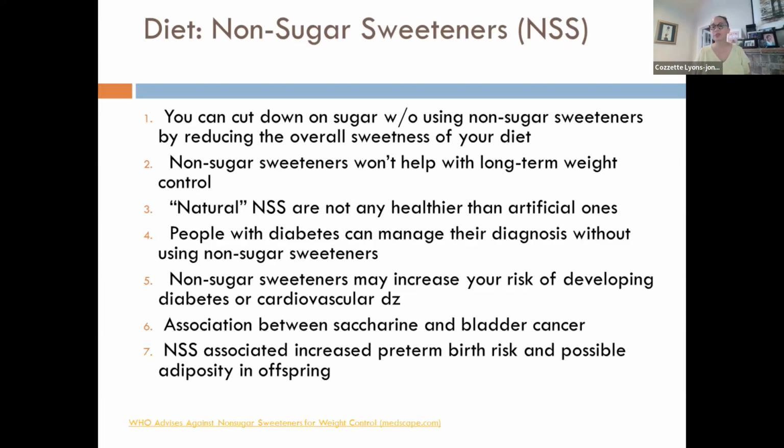There has been some association in some studies, even of saccharin and bladder cancer, for example. You can have some preterm birth risk associated with it, and fat distribution changes in the fetus in pregnant women. It's just a bad thing overall, and you're just swapping one bad thing for another. Rather than doing that, cutting down on your sugar without using non-sugar sweeteners, by reducing your overall sweetness of your diet, is the way to go.